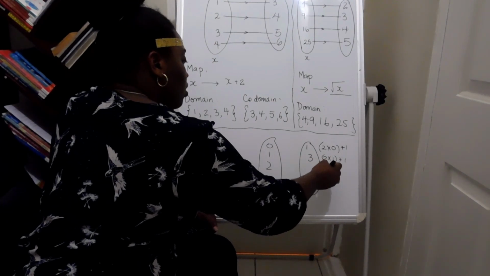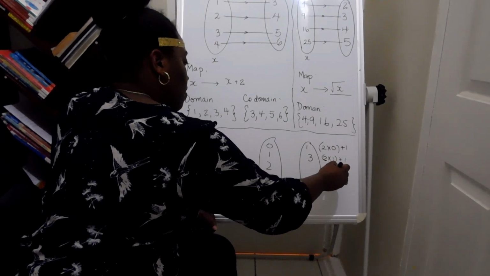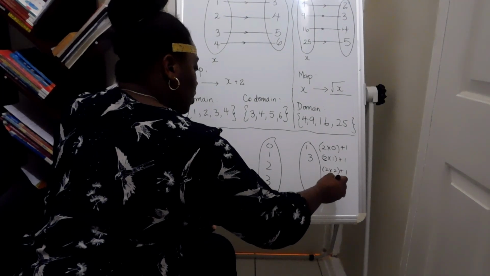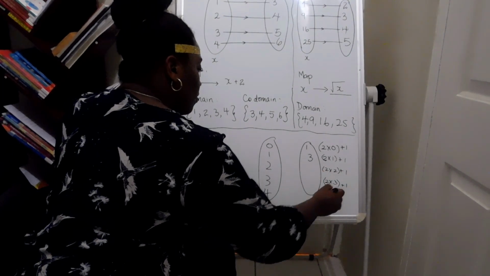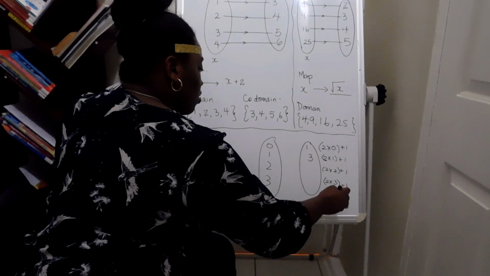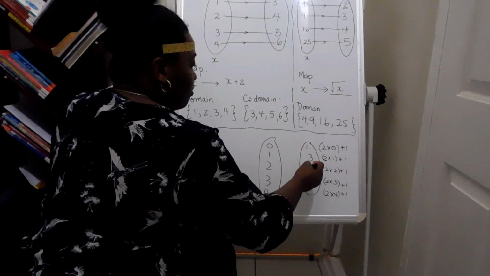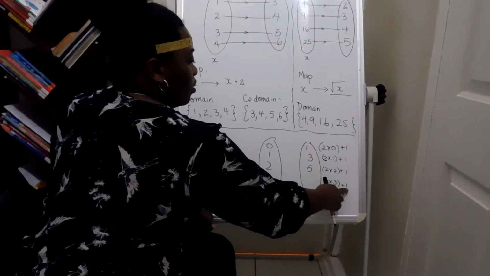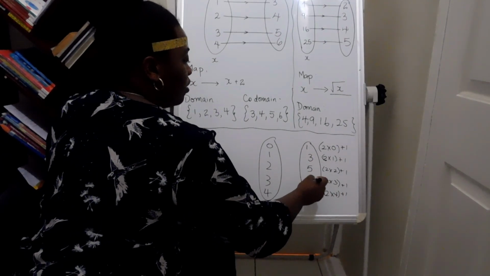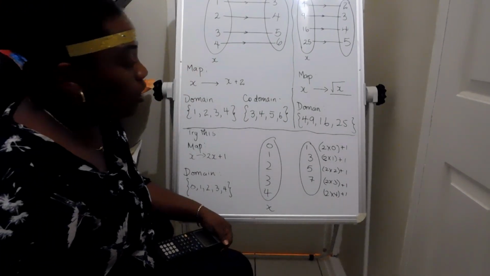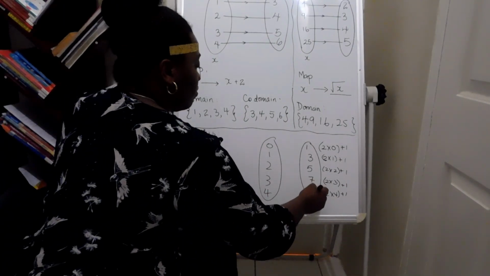And so you could do all the rest. The next one will be 2 times 3 plus 1, and this one will be 2 times 4 plus 1. So 4 plus 1 is 5. 6 plus 1 is 7. And 4 times 2 is what? 8. 8 plus 1 is 9.